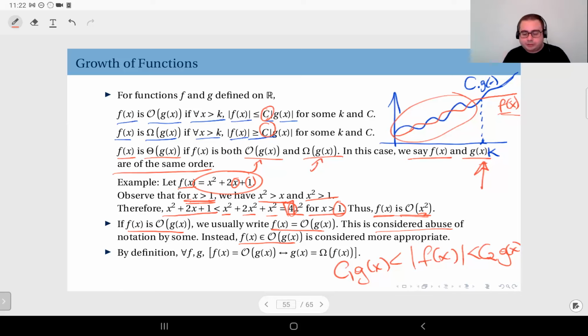In this case, they treat big O g of x as a set of functions that have at most the growth rate of g of x. Now, obviously, if f of x is big O g of x, this should go the other way around: g of x, in this case, is going to be big omega f of x.